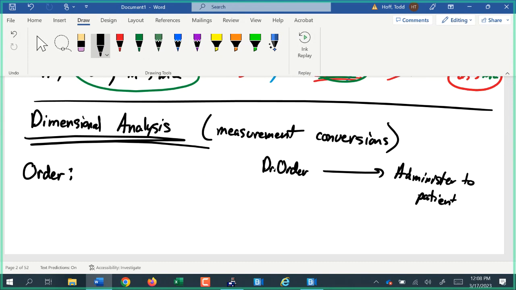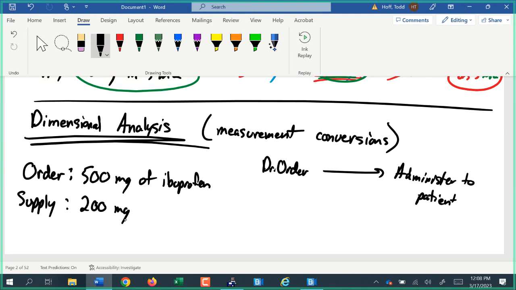But here we can have that order for 500 milligrams of ibuprofen and our supply of 200 milligram tablets again. So the trick here is, remember, any rate was also an equivalency.